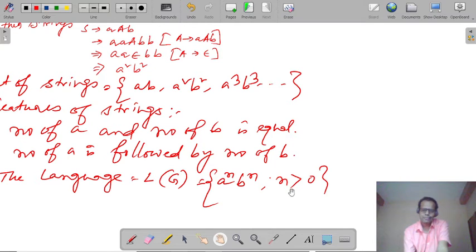The least value of n is 1, then 2, 3, 4 in that way. Otherwise we can write that n is greater than or equal to 1. No problem, the same thing.